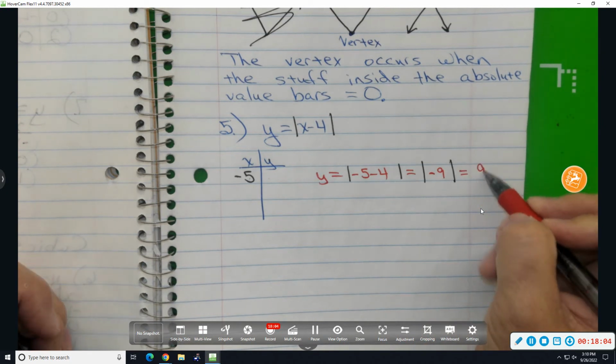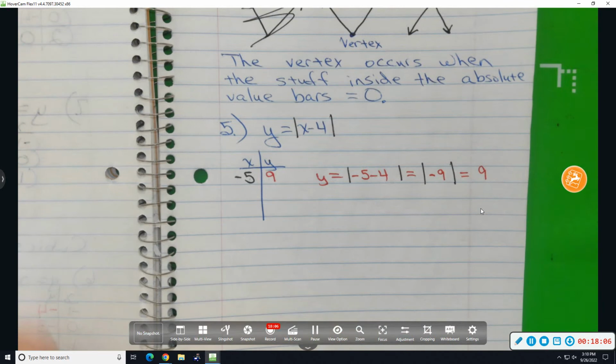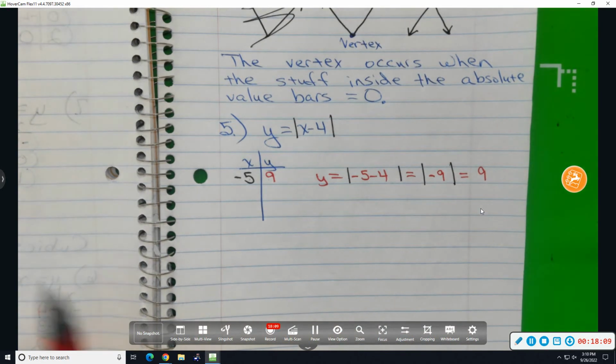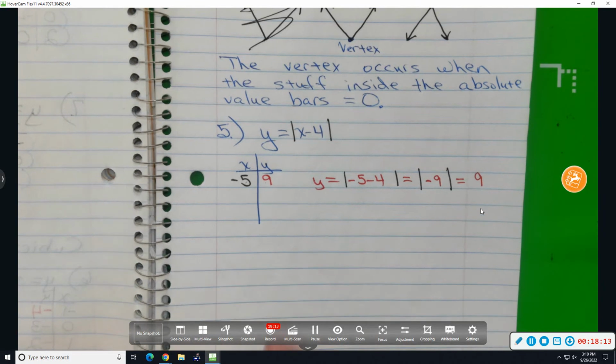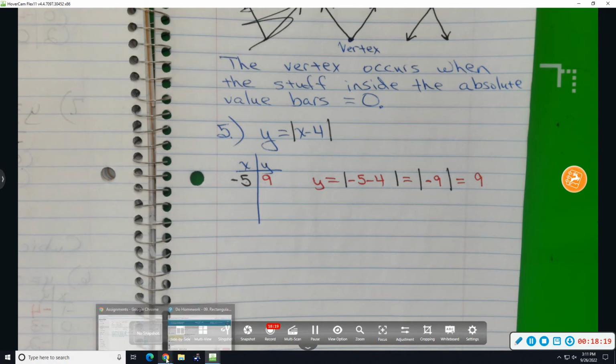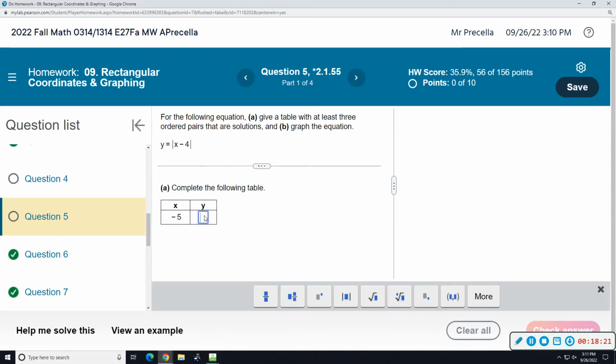Okay. So there's the first ordered pair we found. We plugged in -5 for x, and that gave us a y value of 9. So we have to come back over here and type in a 9.